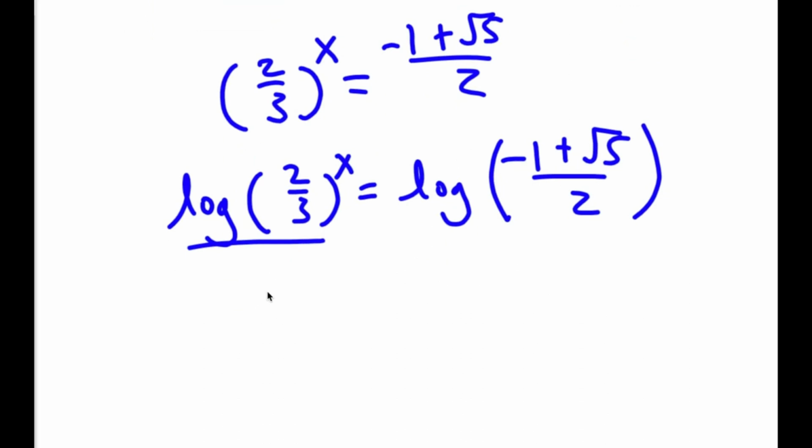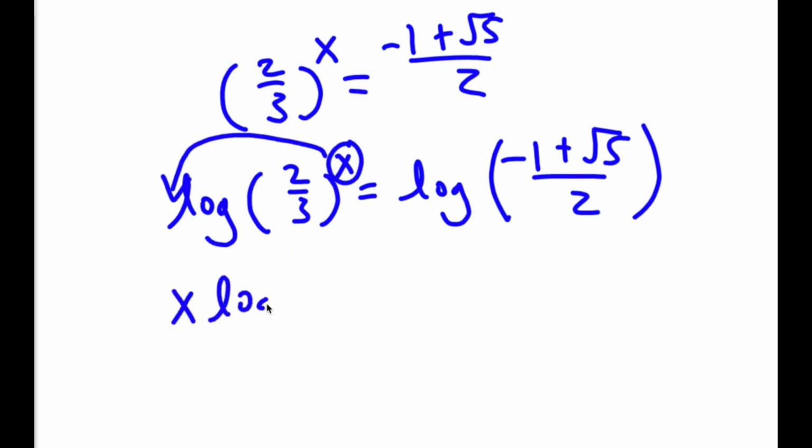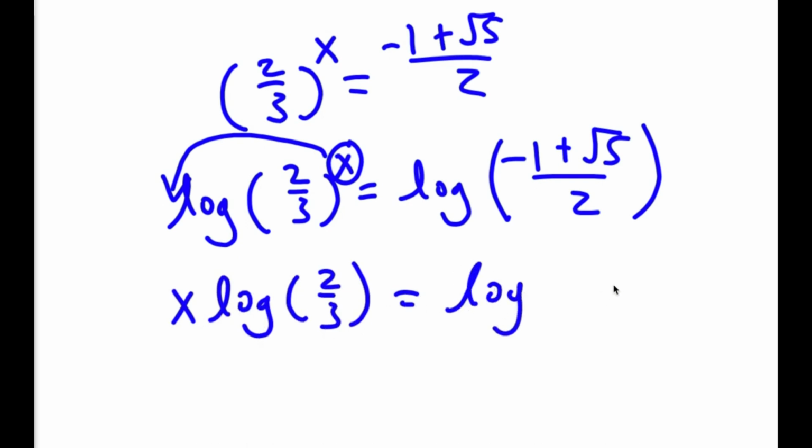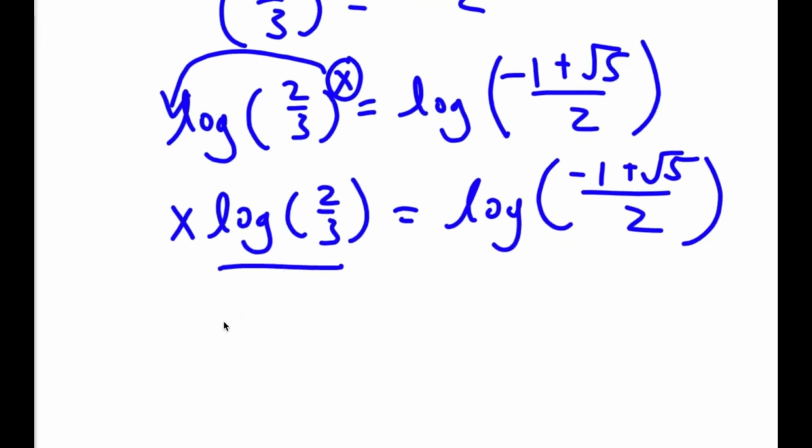Now, before I divide both sides, I can move this exponent x to the front of the logarithm. So now I have x times log 2 over 3 is equal to log of negative 1 plus the square root of 5 over 2. Now I can divide both sides by log 2 over 3.